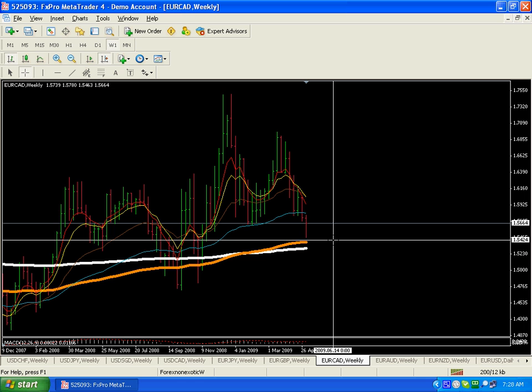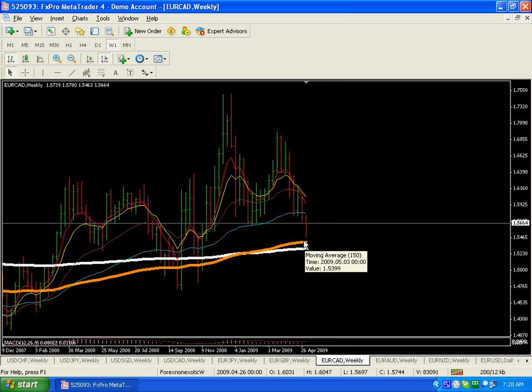It's right off the 155 area, and it's off the bottom of the two moving averages, 365 and 150. 150 just crossed over 365. Then this is the first time back to both of the moving averages.